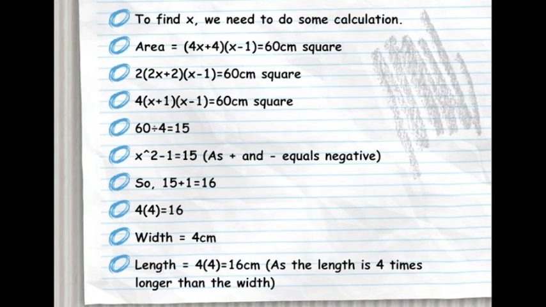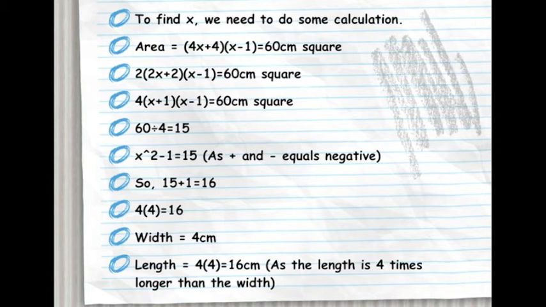To find x, we need to do some calculation. Area equals (4x plus 4)(x minus 1) equals 60 cm square. Then by factorizing, 4 bracket x plus 1 bracket x minus 1 equals 60 cm square. 60 divided by 4 equals 15.